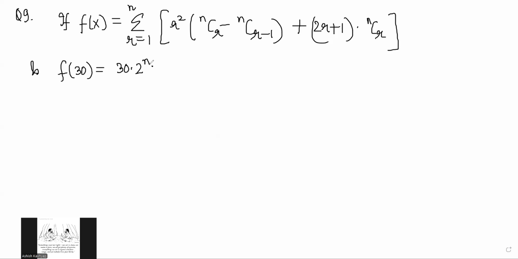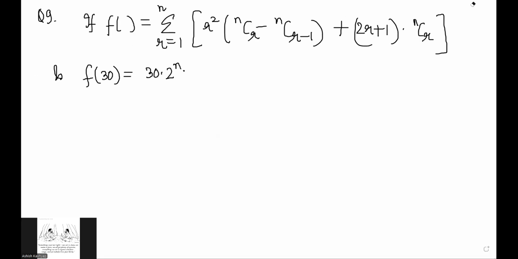Technically, I think this should be a function of n, because when I do the summation, it will become a function of n. So the question has been stated incorrectly. This is f(n) is equal to this. And they have given the value of f(30).